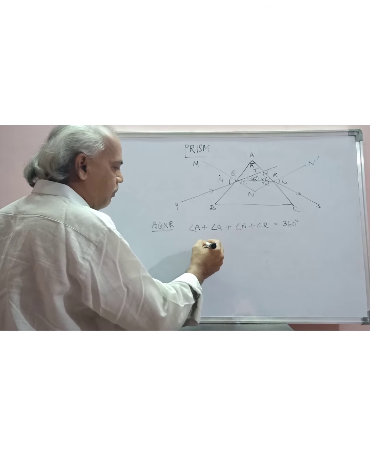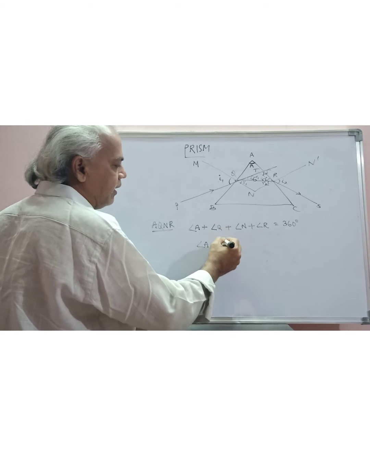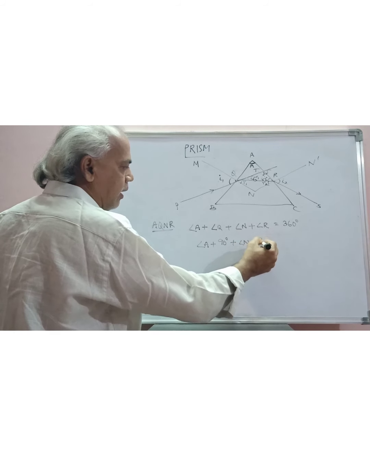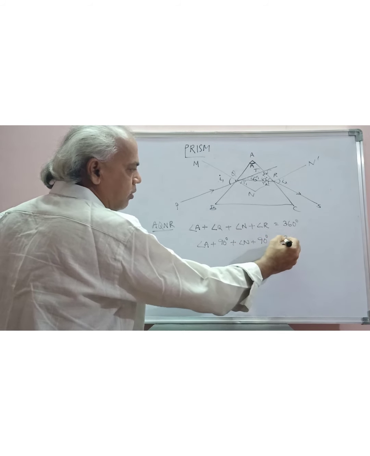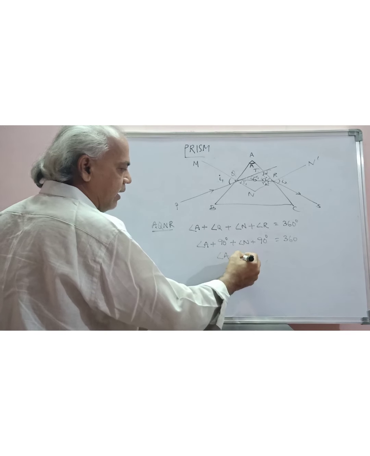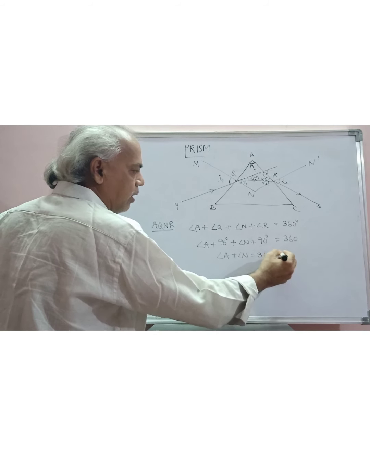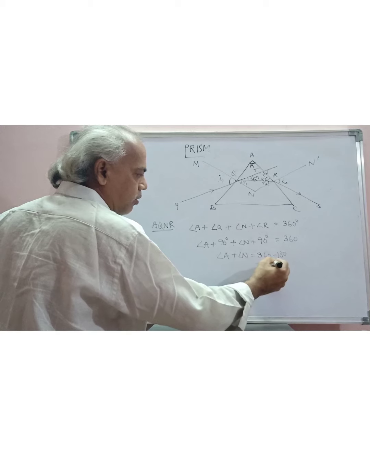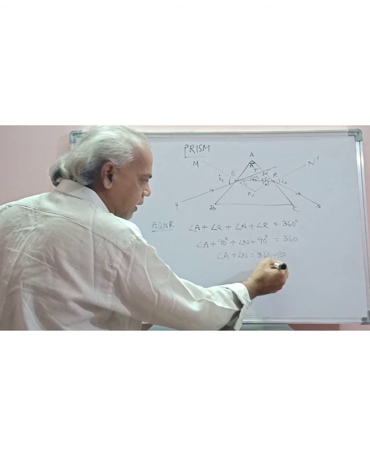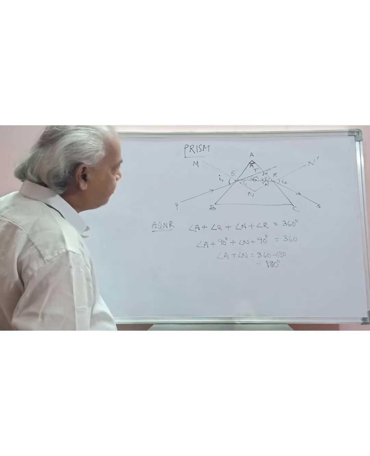Here angle Q and angle R are each 90 degrees, so angle A plus angle N is equal to 360 minus 180, that is 180 degrees. It is one important point.